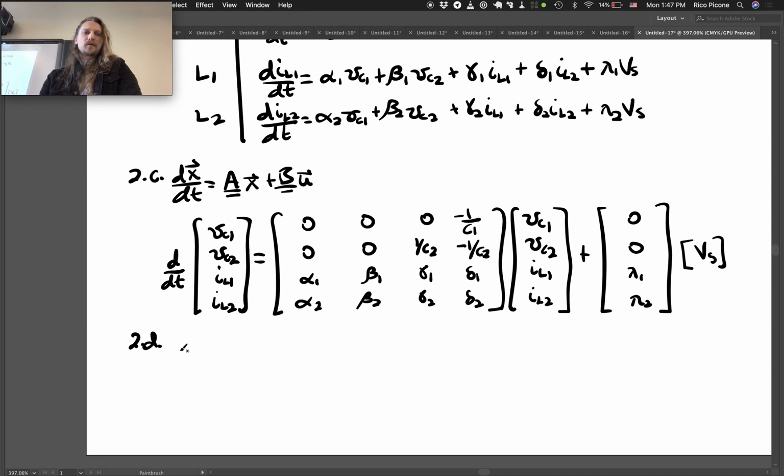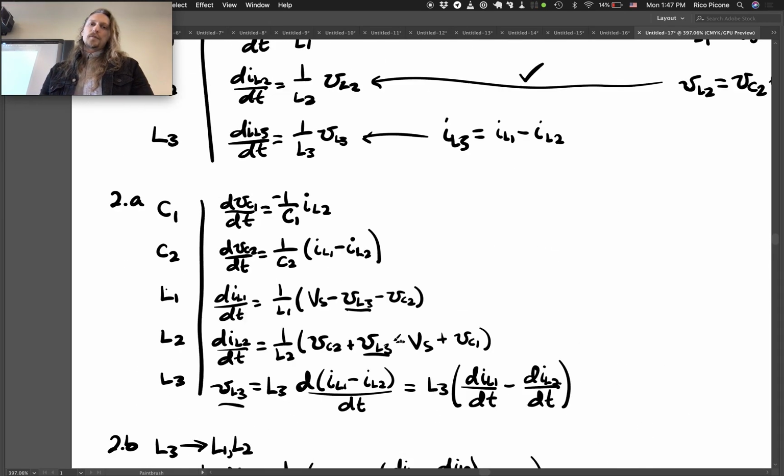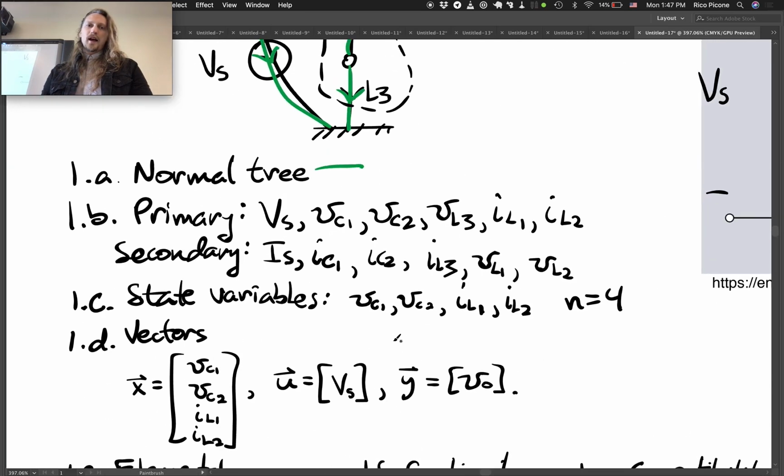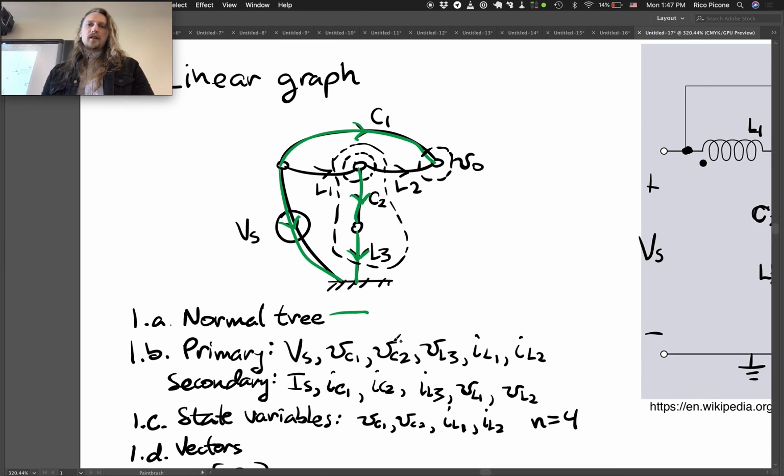2D. We need our output, which is V out. We need to write it in terms of state variables and input. So way up here, we had V out is the voltage associated with this node. We could think of there being a sort of virtual connection to ground here, right? Every voltage is referenced to ground unless it's referenced across an element.